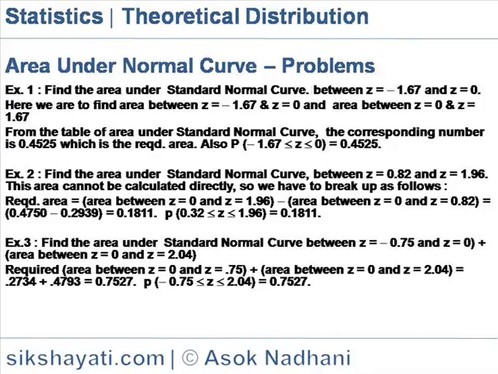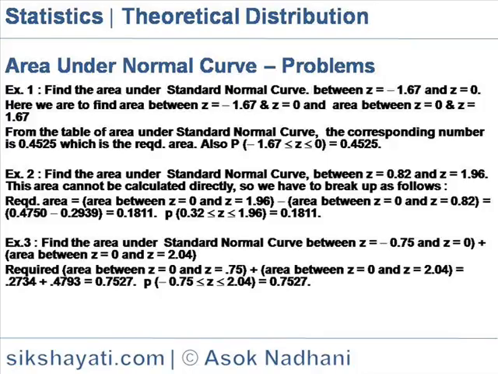Find the area under standard normal curve between z is equal to minus 0.75 and z is equal to 0 plus area between z is equal to 0 and z is equal to 2.04. Required area between z is equal to 0 and z is equal to 0.75 plus area between z is equal to 0 and z is equal to 2.04 is equal to 0.2734 plus 0.4793 is equal to 0.7527.